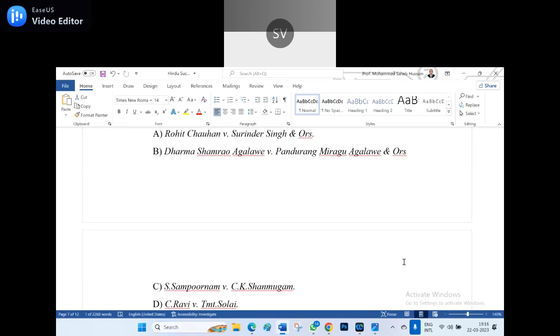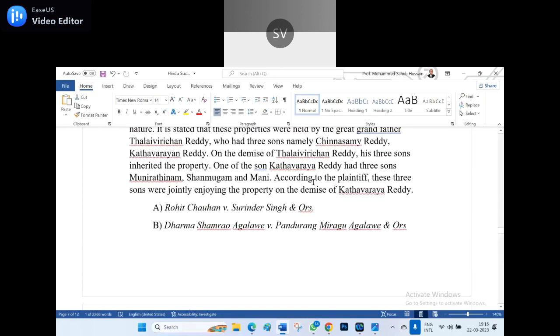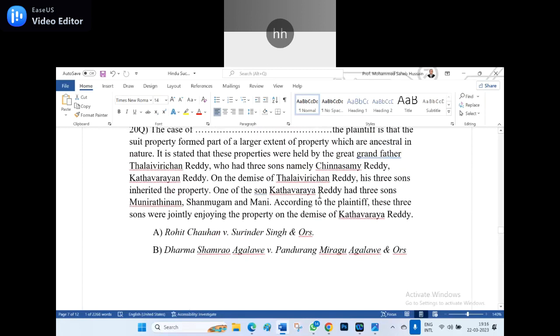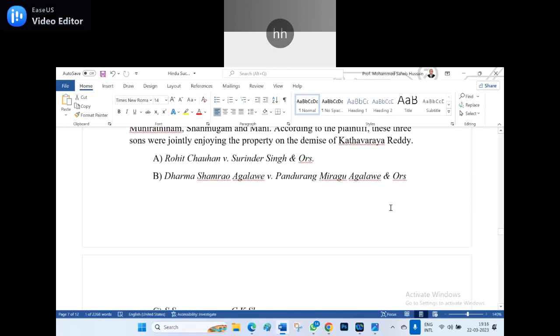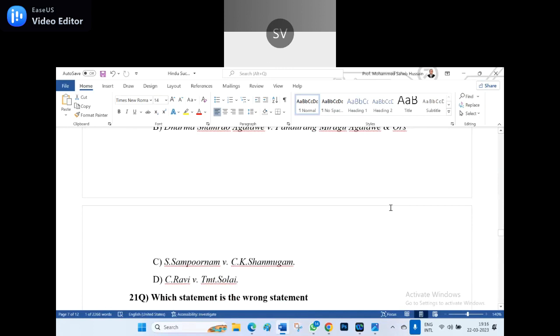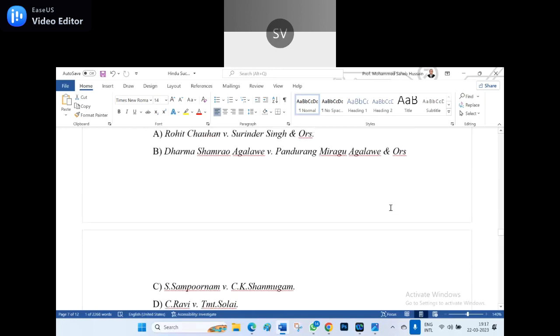Sir, B. Dharma Sharamorao Agalwai versus Panduranga Mirai. See, this is a Tamil, all Tamil names. What is the Tamil name? Sir, D. What is the Tamil name?